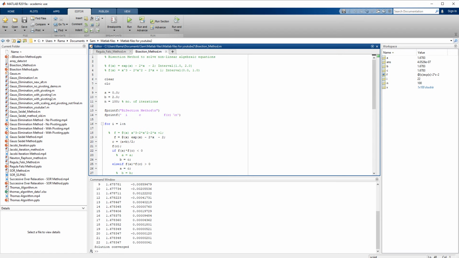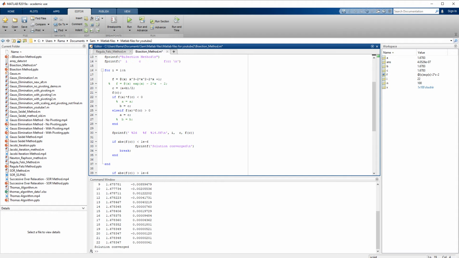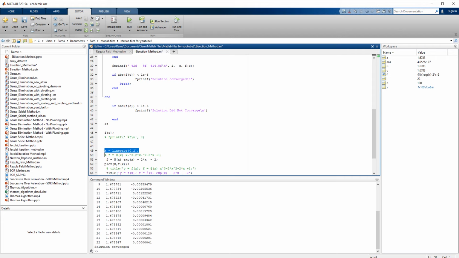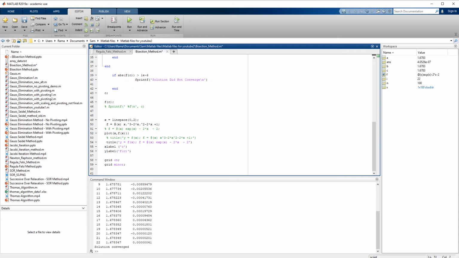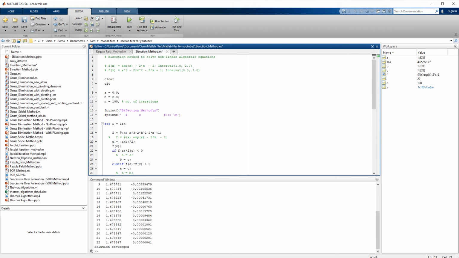We can try the first equation, the algebraic equation, and run the program a second time. The algebraic equation in this case we consider as f(x) = x cubed minus 2x squared minus 2x plus 1, which is a nonlinear equation.